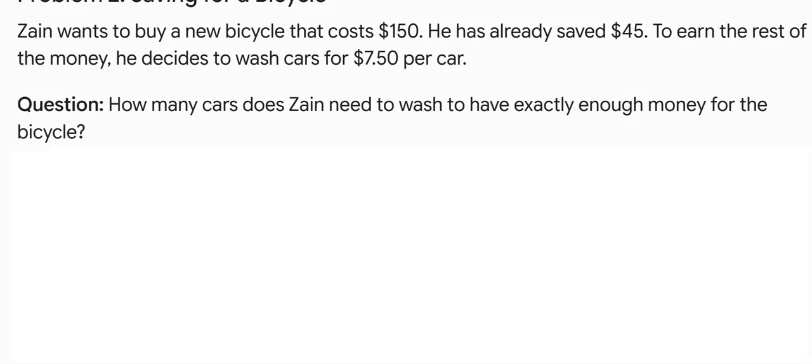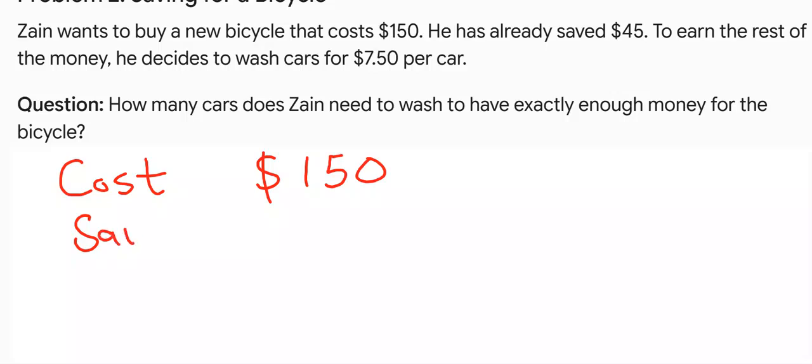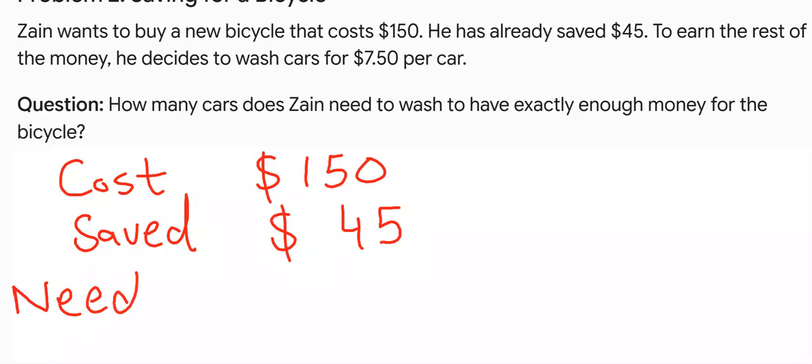So Zen wants to buy a new bicycle that costs $150 and he has saved $45. We will write our information like this. How much more money is needed? 150 minus 45.